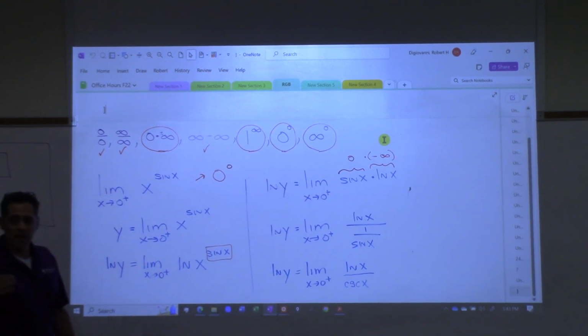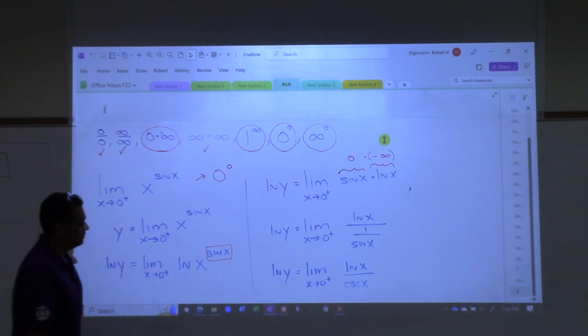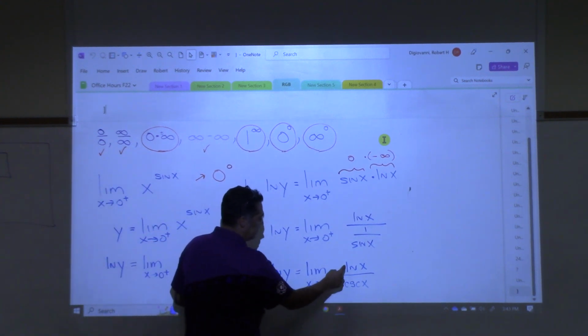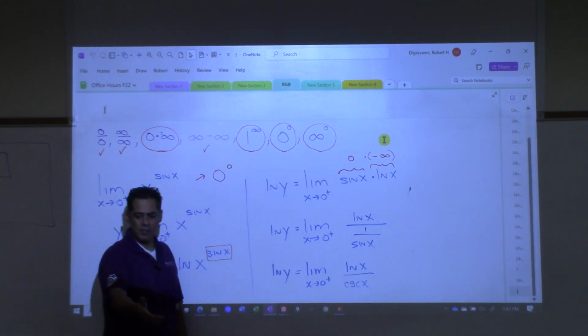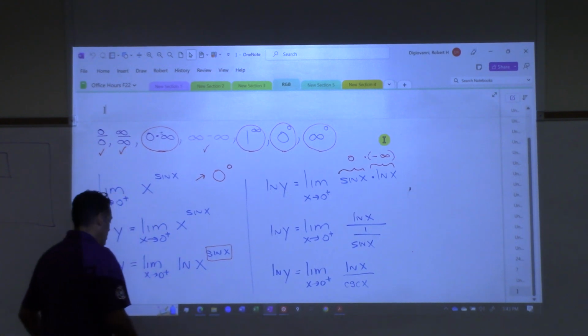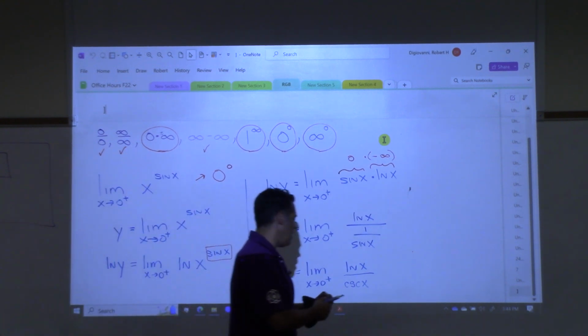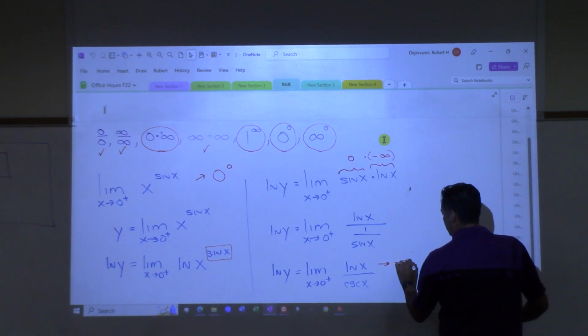Now, what happens when you let x go to 0 here? That goes to negative infinity, right? Cosecant, if you don't know what it does, look at your graph on your cheat sheets. What does cosecant do as you approach 0 from the right? Positive infinity.